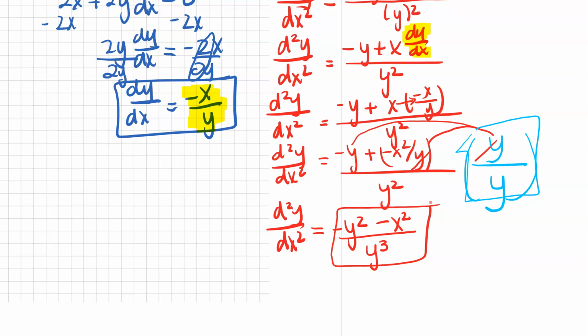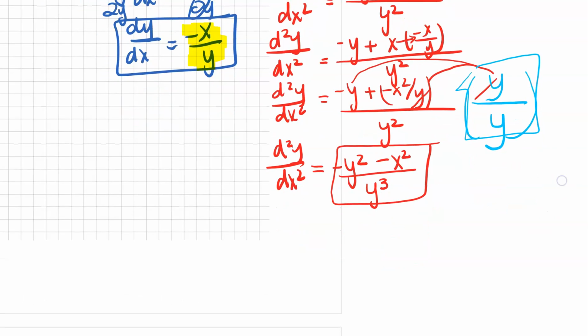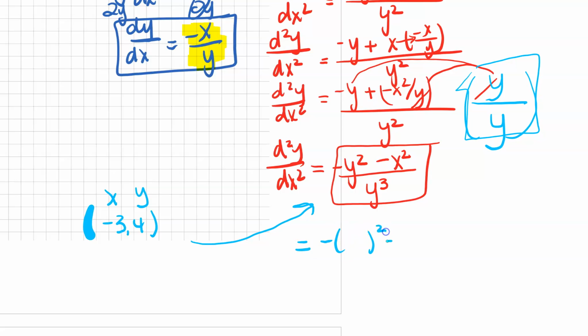Last step was to evaluate at the point, a little bit bigger handwriting there, (negative 3, 4). So this is going to be your x and your y. And so I'm going to plug that into what I just got. So that would be equal to negative something squared minus something squared over something cubed. X is negative 3 and y is 4.